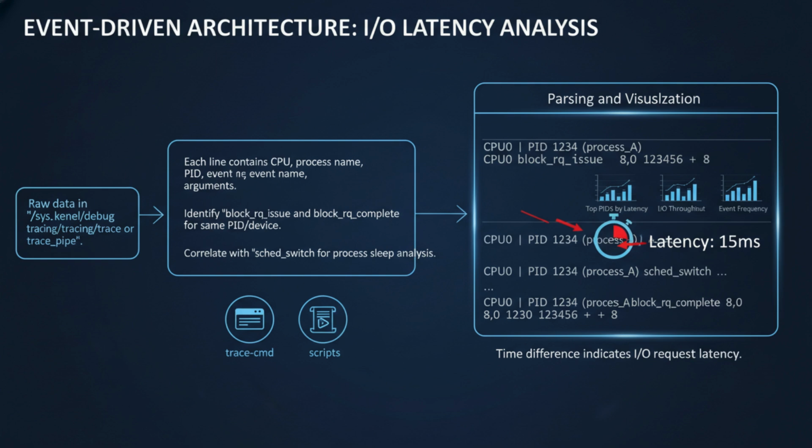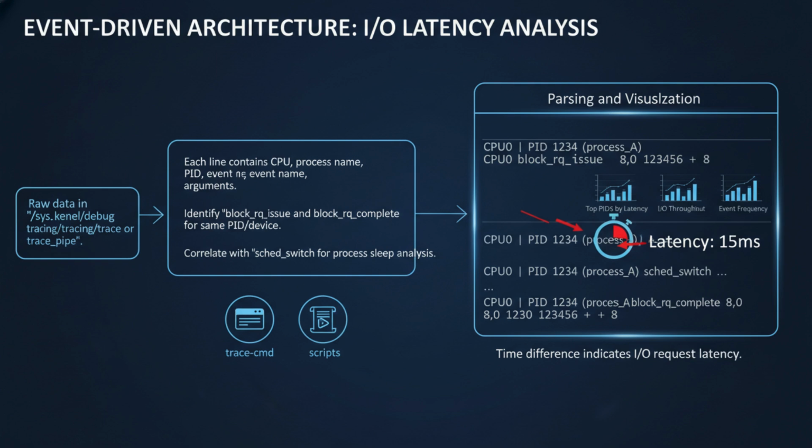device name, sector, size. To interpret I/O wait latency, you'll specifically look for block_rq_issue and block_rq_complete events for the same PID and device. The time difference between these two events directly represents the latency of that particular I/O request at the block layer. Furthermore, you can correlate these with sched_switch events to see if a process was put to sleep during this I/O operation.